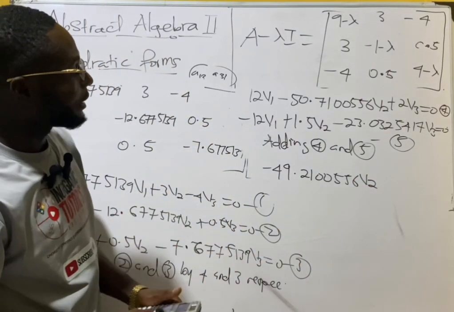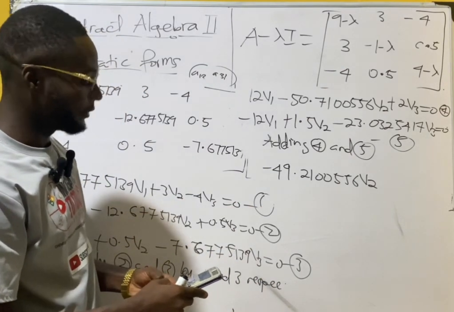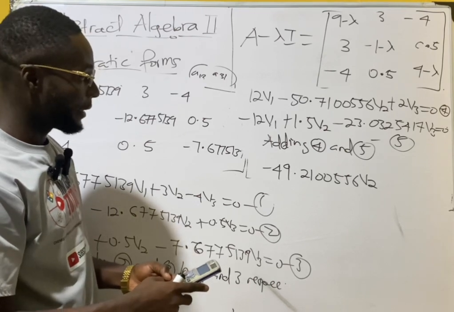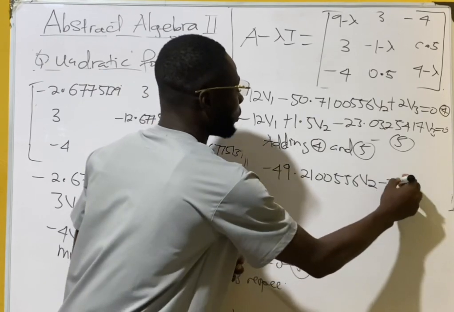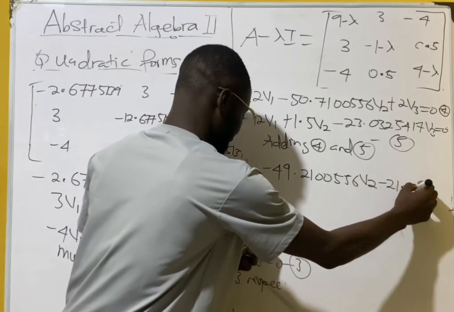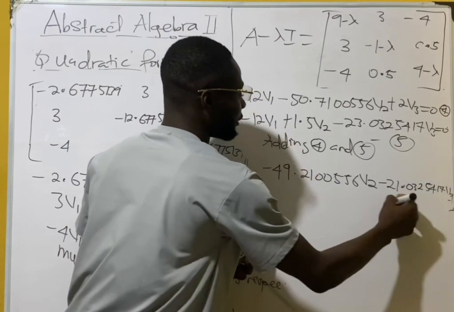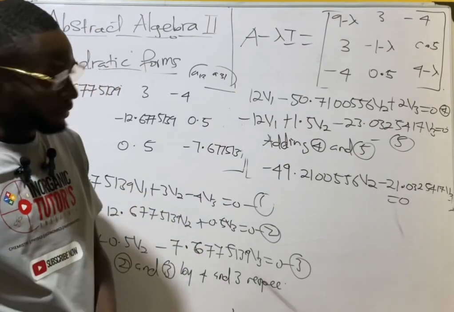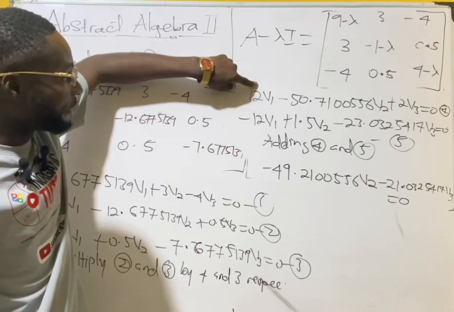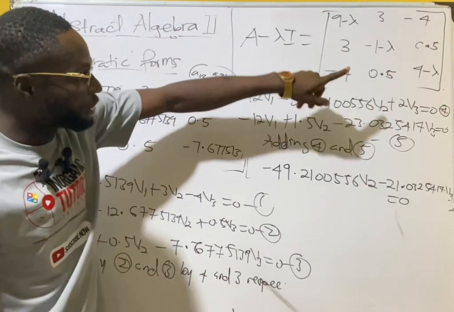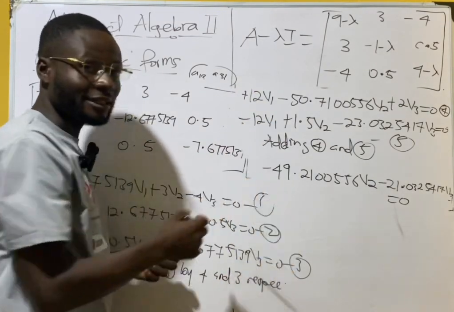Then the last part is going to be minus 23.0325417 plus 2, which will give us minus 21.0325417 V3, and that is equal to 0, right? So we added V1 from equation 4 and 5, but this is positive and this is negative. So V1 had 0.